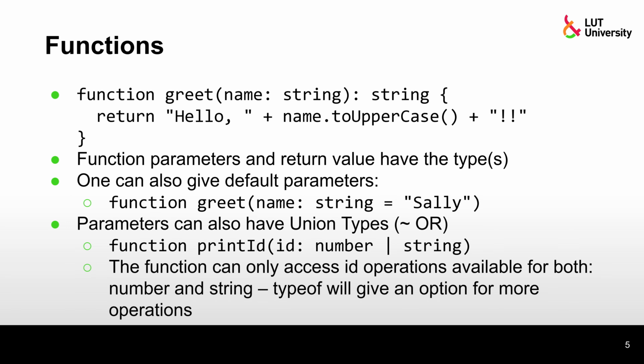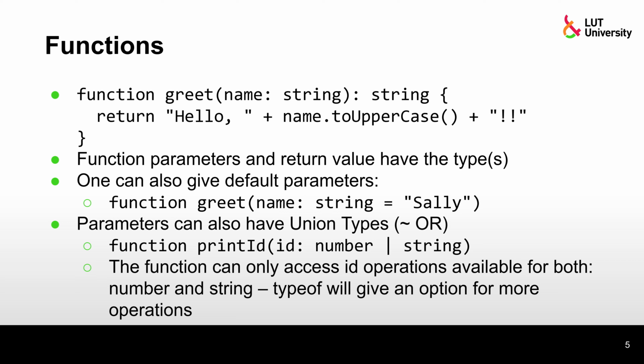But in the function, you could only access the operations of this ID variable that are available for both number and string. So you could not use, for example, this toUpperCase method, because numbers cannot be put to uppercase.